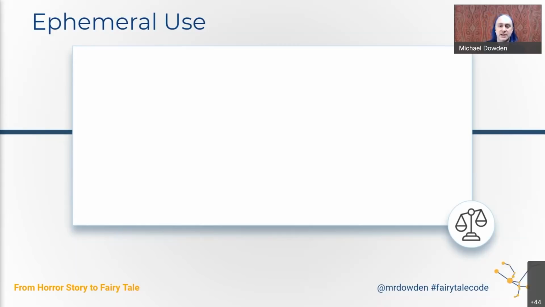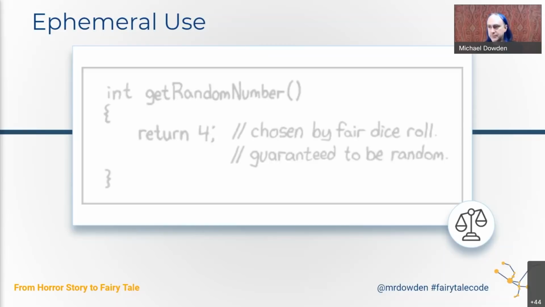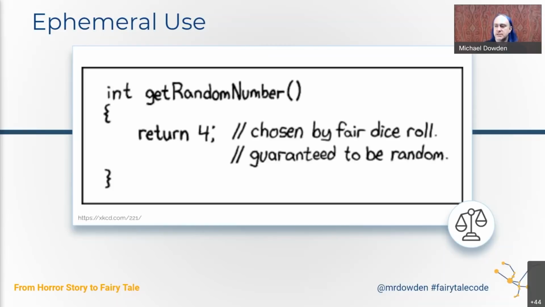In a startup environment, sometimes you have the opposite. You write things thinking it's going to be there forever, and then you discover you have to rewrite it again 3 months later. Point is that we need to be really cautious about the longevity of the thing we're writing and how long the communication will be valid for. Here's a silly example from XKCD. This function is valid exactly once.